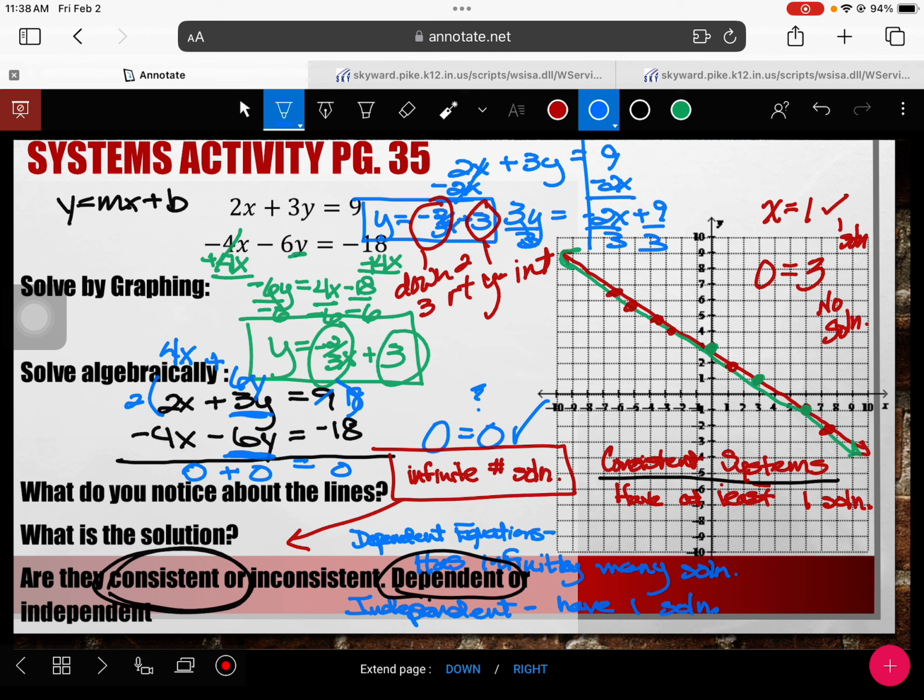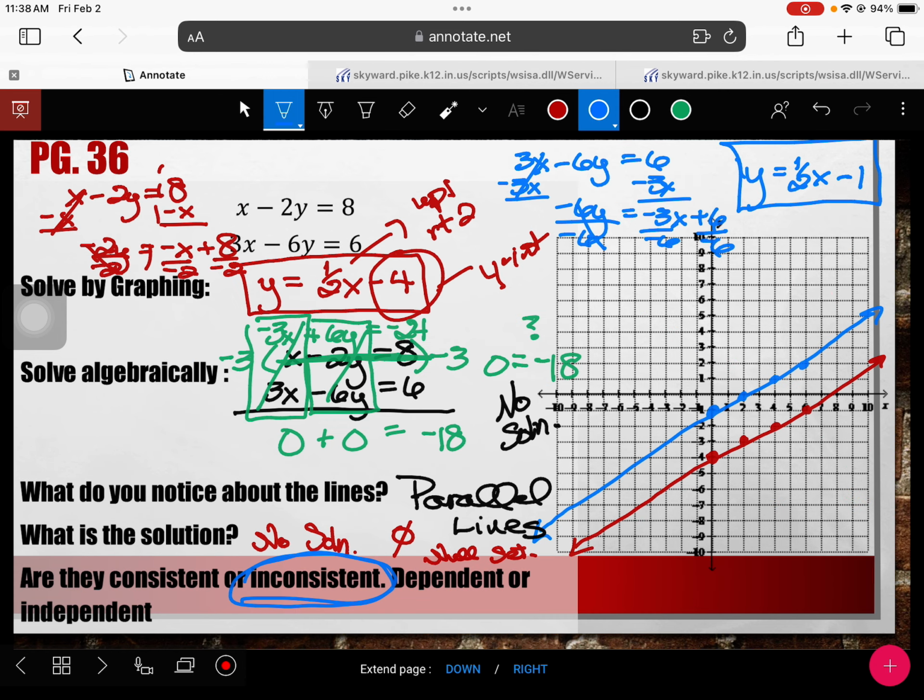Dependent says it has infinitely many solutions. Independent has one. Do we have either one of those here? No. So it is neither dependent nor independent on that one.